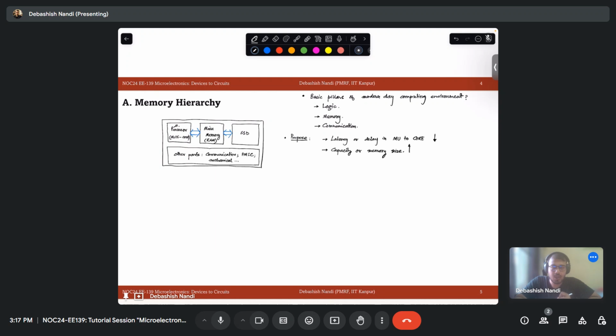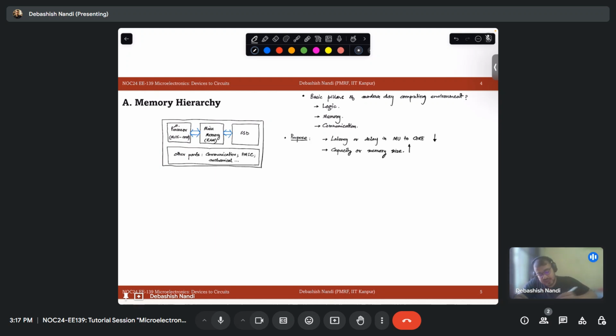So let's say, to perform all the computing applications, whatever you can do with a mobile phone, you want to have a single memory unit with a large capacity and very fast. But that is not always possible.